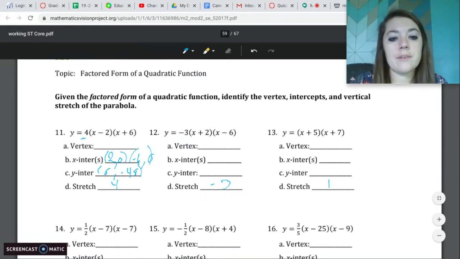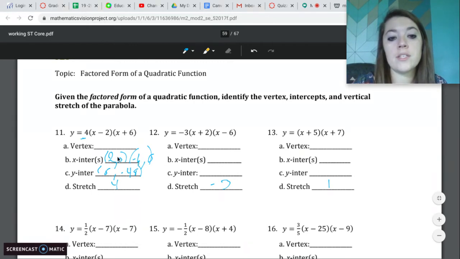Now, our vertex is definitely more complicated. There's different ways we could do this. One is to rewrite the equation into vertex form to find the vertex. The other is to use our x-intercepts to help us. We have an x-intercept of negative 6, and an x-intercept of 2.